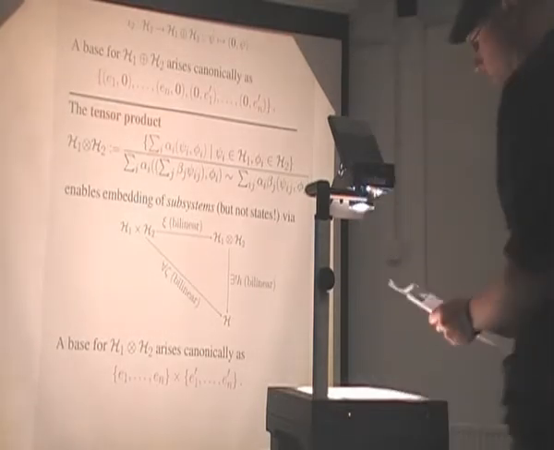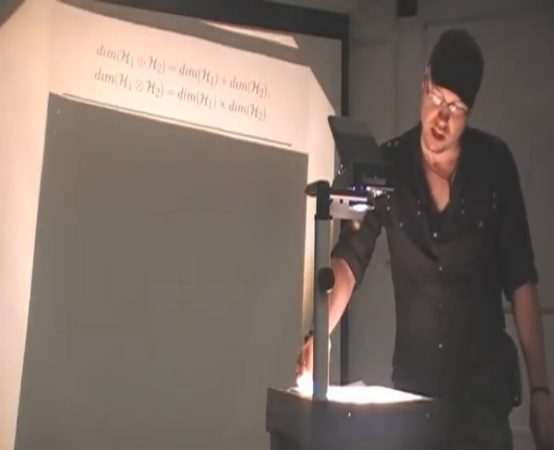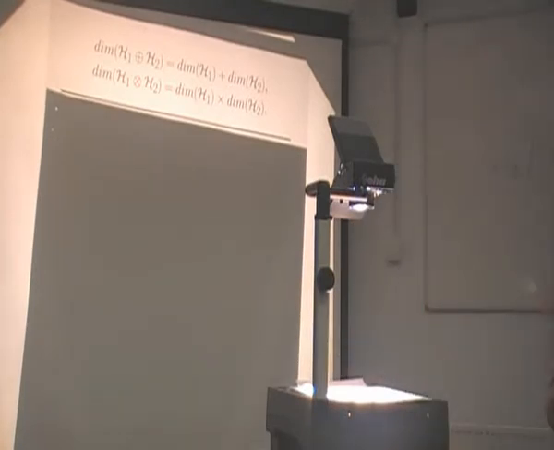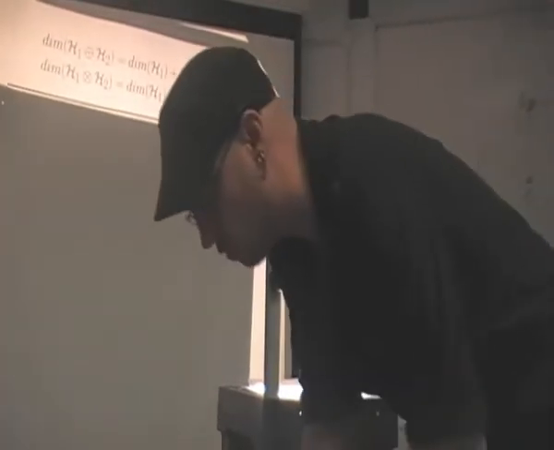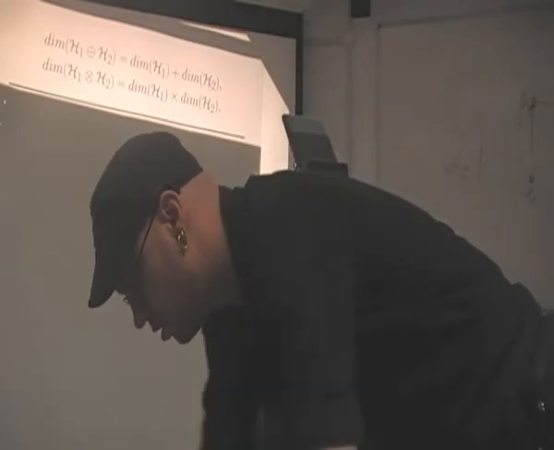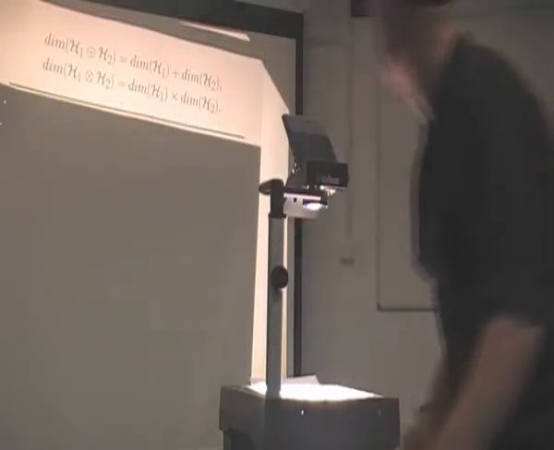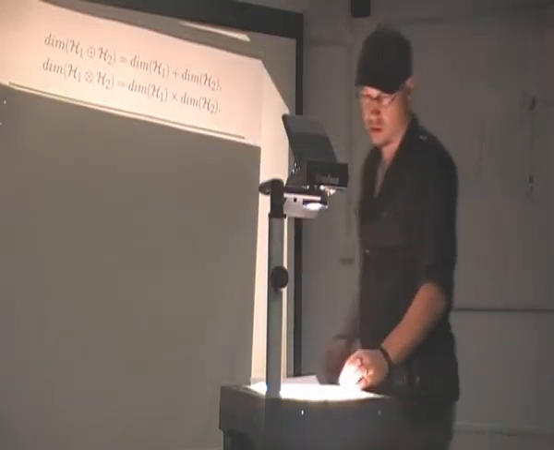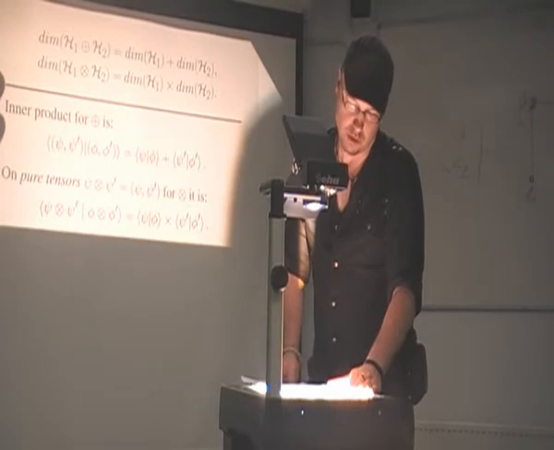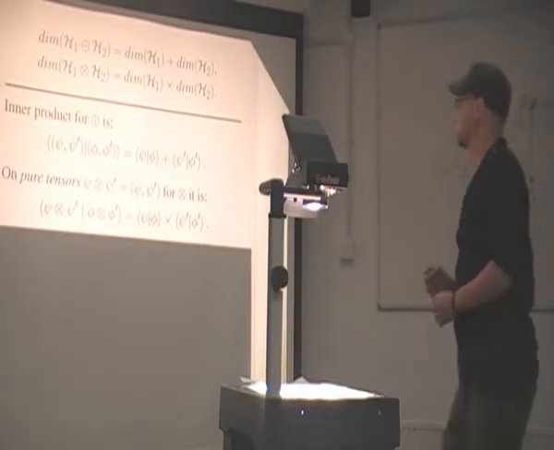So you get the following fancy rule for the dimension. Instead of the dimensions adding up, dimensions multiply. And this is a gigantic blow up of the size of the state space which you get for a tensor product, which you don't have for the direct sum. But there is also the inner product rule.